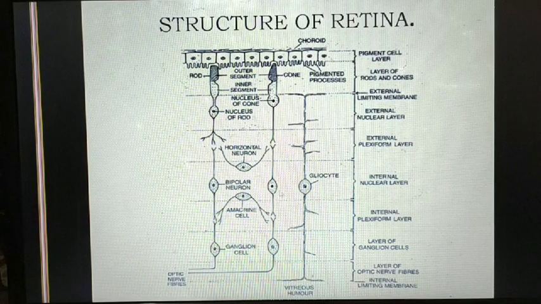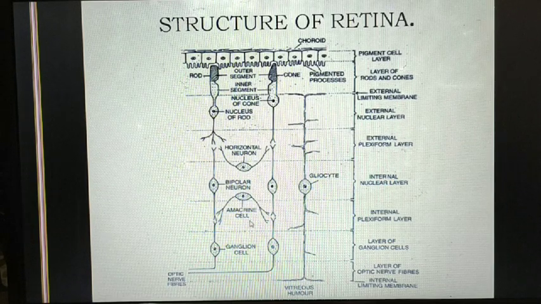Next one is internal plexiform layer. So this layer is again made up of only the nerve fibers, and these nerve fibers form the synapses. So here we can see the nerve fibers of bipolar neurons and amacrine cells, then ganglion cells.